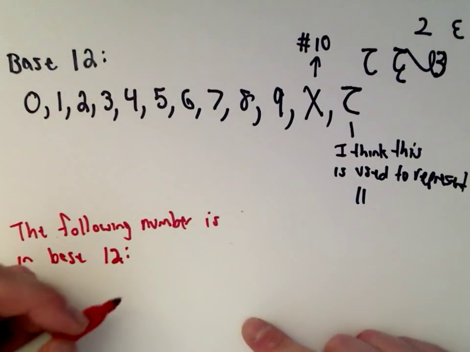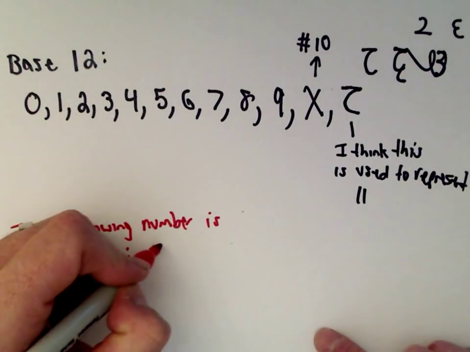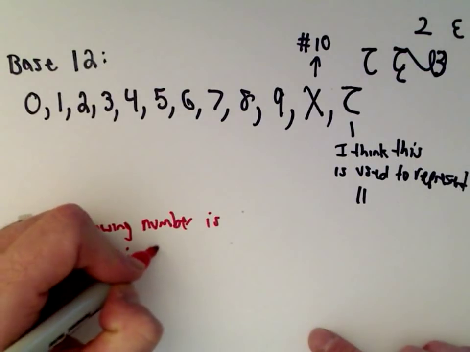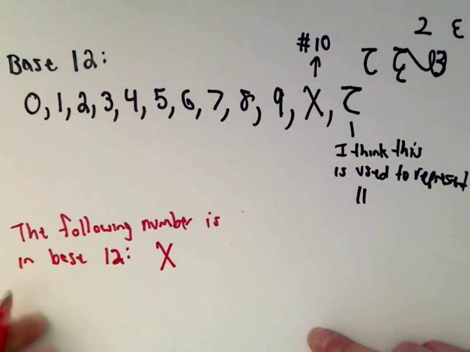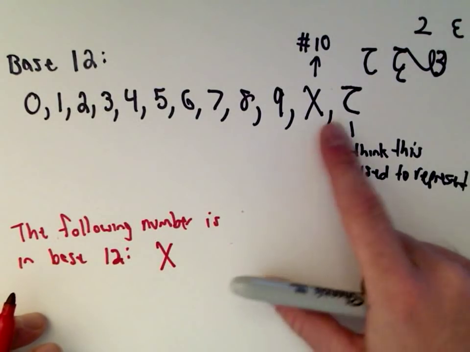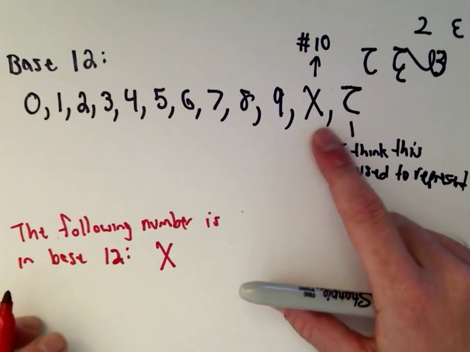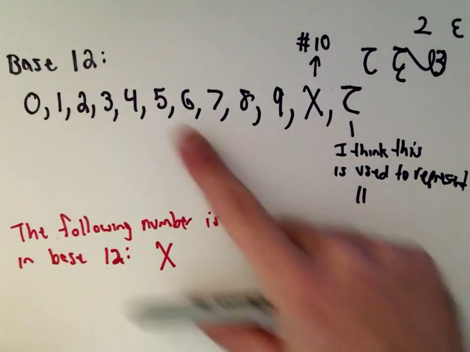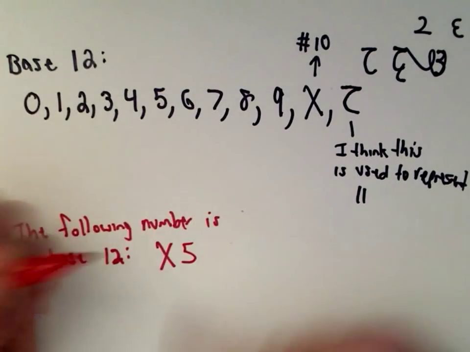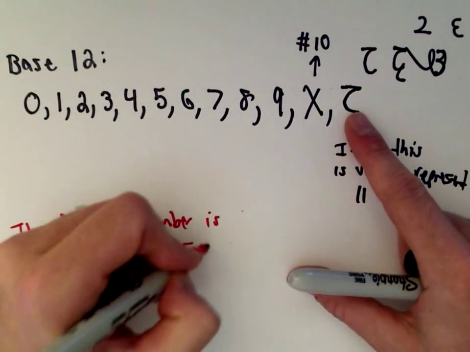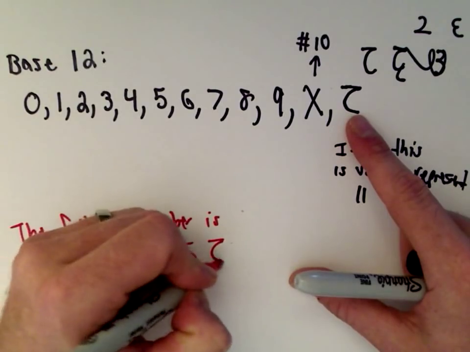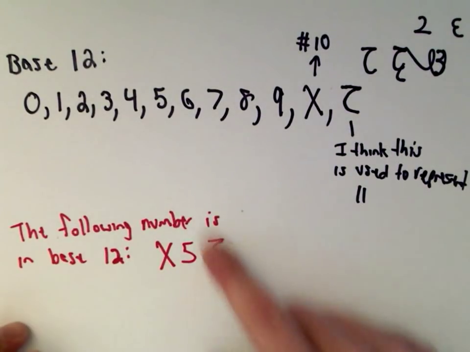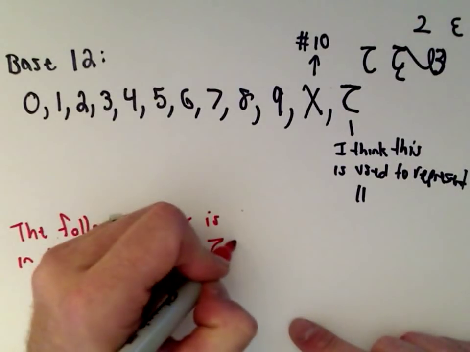Let's pick some numbers at random, and use the new symbols, because those are kind of exciting. I forgot what the names of these symbols are, so I'm just going to call them X and upside down 2. Let's throw an X in there. Let's suppose we've got a 5, our familiar 5. Let's throw an upside down 2 in there. And let's throw one more digit in there. How about 4?